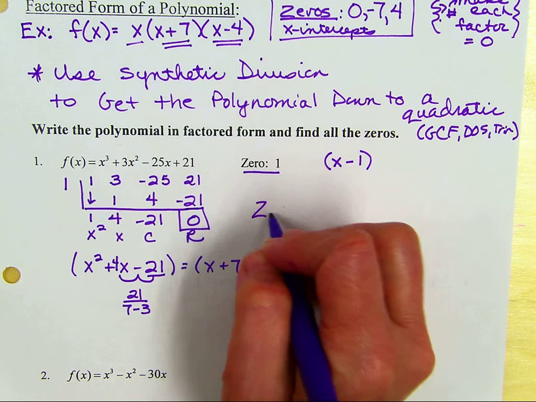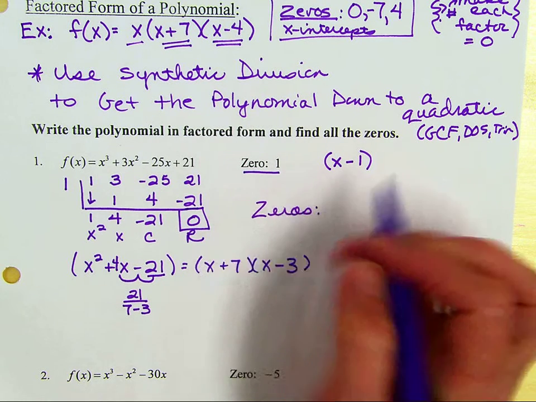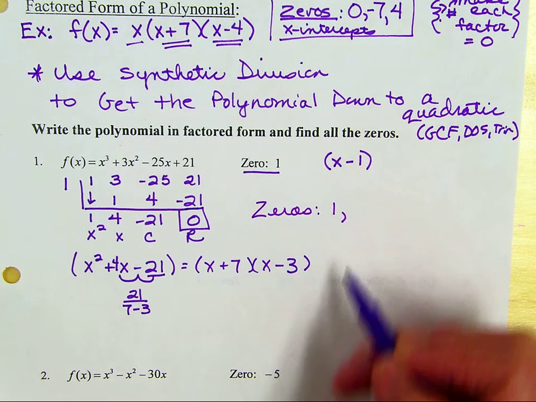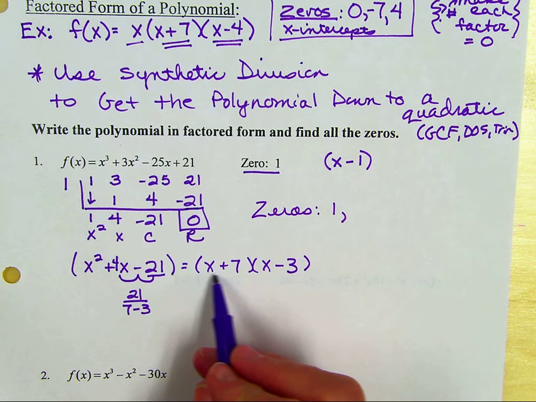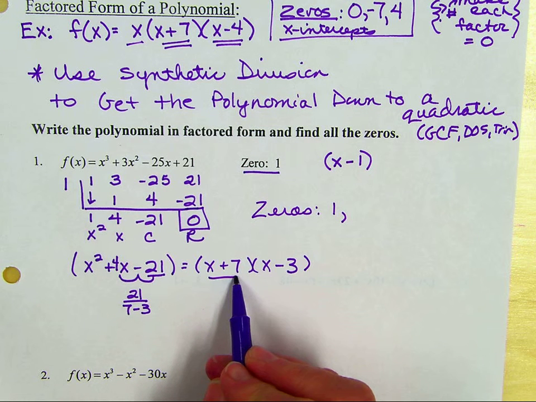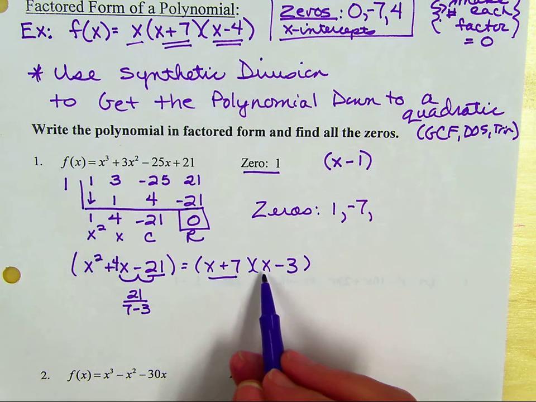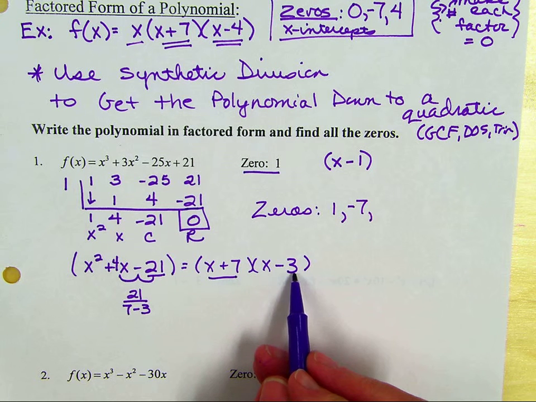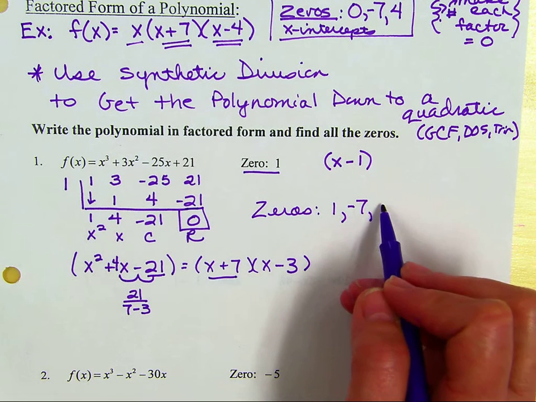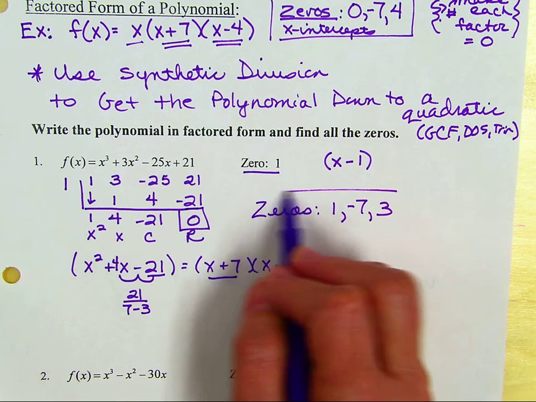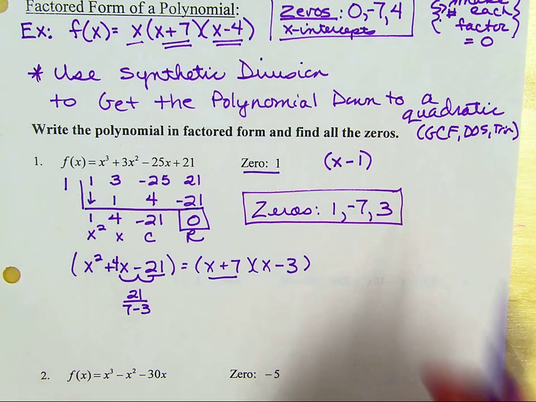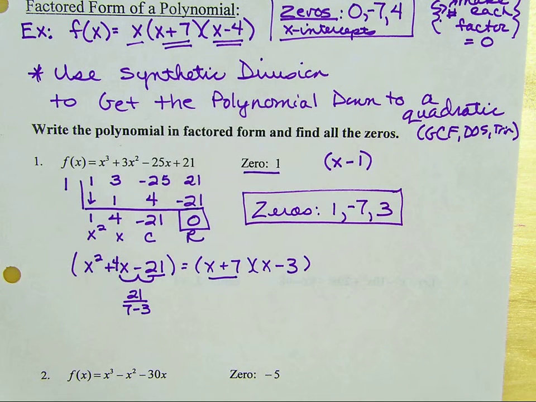Let's look at all of our zeros. We already know the 1. What would make x plus 7 equal to 0? Well, if x was a negative 7. What would make x minus 3 equal to 0? If x was a positive 3. Those are my 3 zeros.